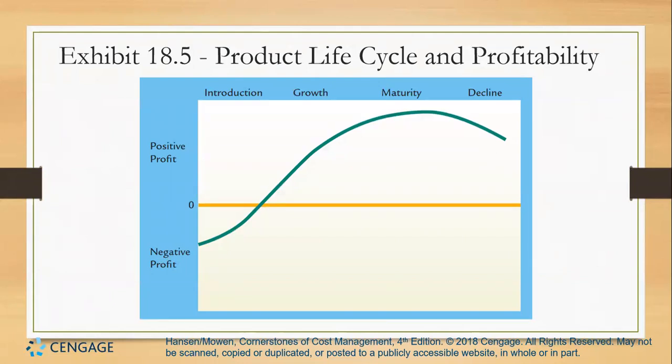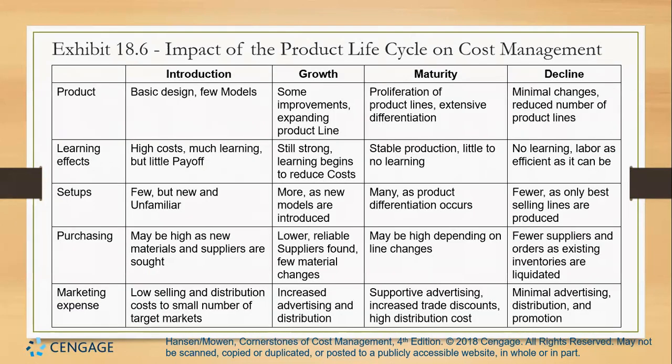Now we go to the product life cycle. We have the negative profit and the positive profit. So when it comes to maturity, from the negative profit. Now we have the impact of the product life cycle on cost management: product learning effects, setups, purchasing, marketing expense.